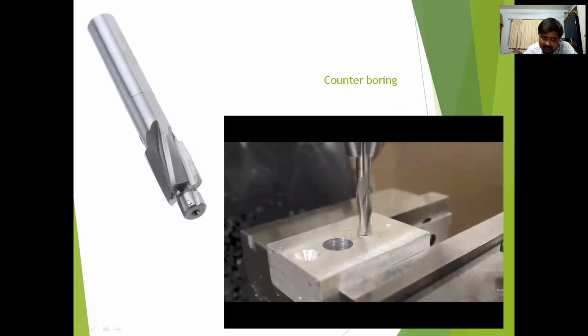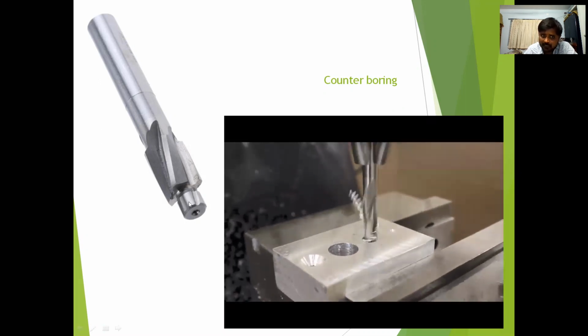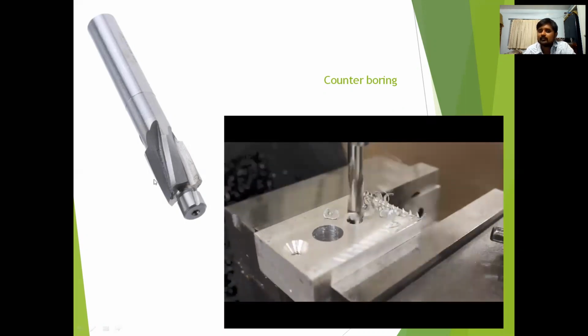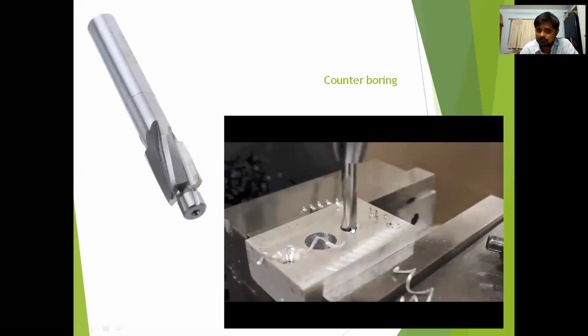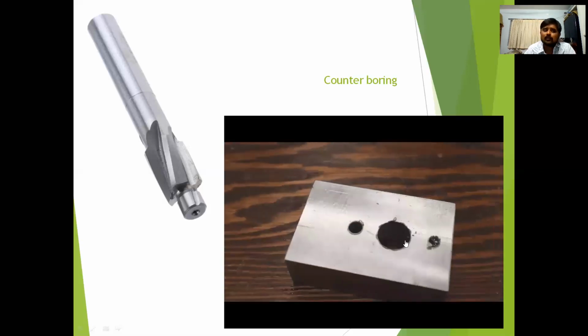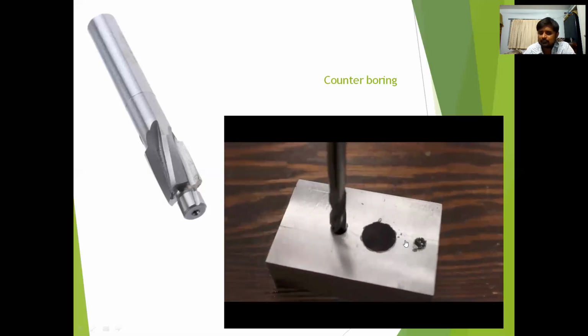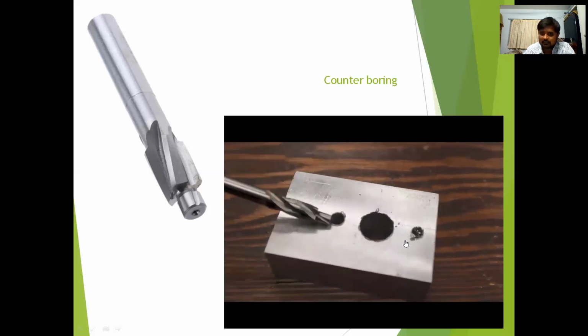That's why here we have a solid surface, so this will not remove the material. Only the cutting edges are going to remove the material. You can observe we are going to get some enlarged portion here. We remove the material only up to some depth, which is used to accommodate the bolts, nuts, studs and all these things.